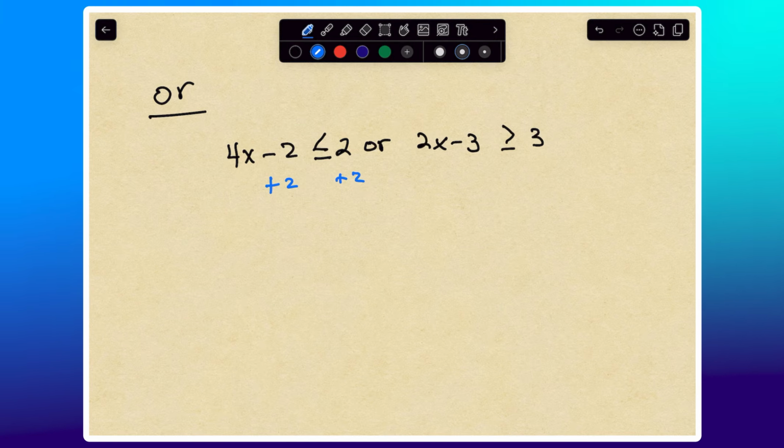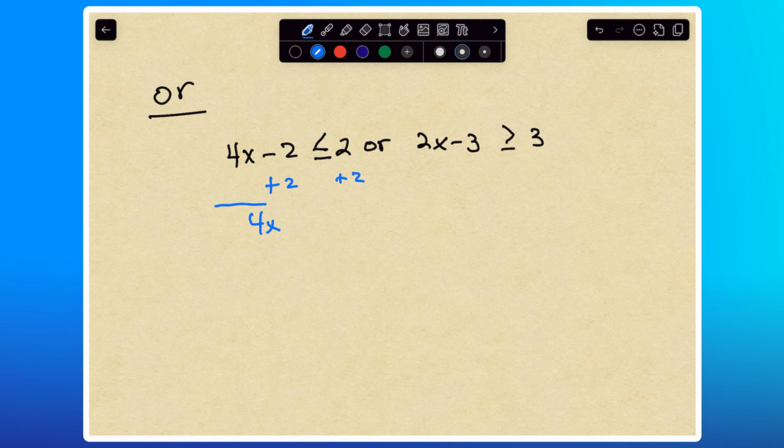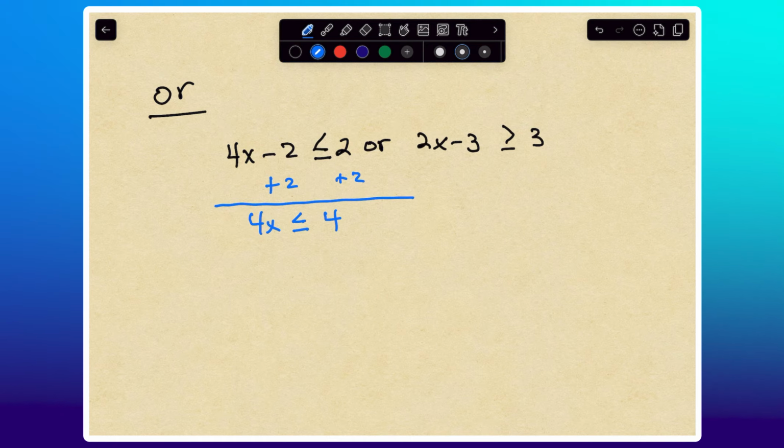There's the equal to and everything. And this becomes 4x is less than or equal to 4, because this is gone. And then x becomes less than or equal to 1, because you divide by 4 on both sides.